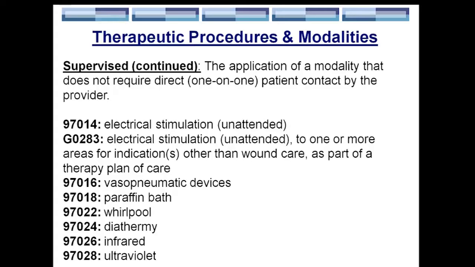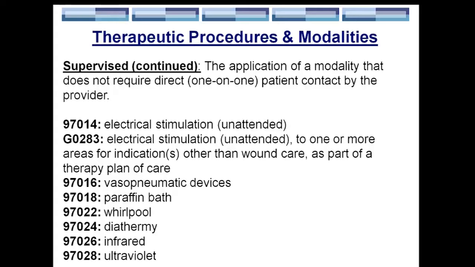Okay, so now we have other supervised modalities that do not require one-on-one contact by the provider. Other examples here are unattended electrical stim. There are 2 codes for that. 97014 is the CPT code, and then some areas have said we need the HCPCS code, G0283. So you should be aware of which companies require that. If you need help with that, let us know.